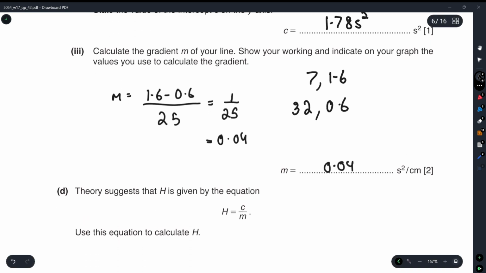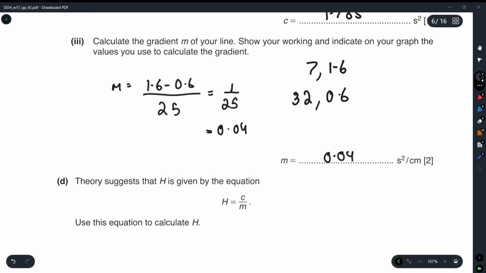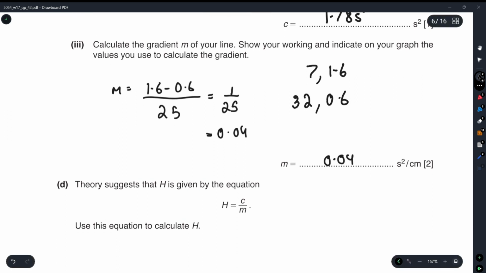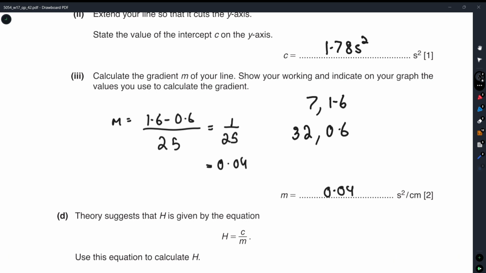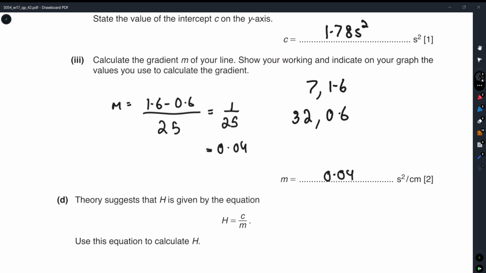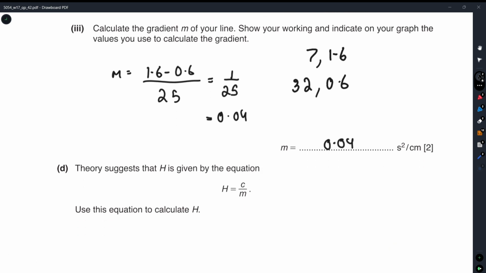1.78 divided by 0.04. So that's okay. So that's going to be 445 if I'm not wrong. 445. Yeah. Let's check once with the calculator. So 1.78 divided by 0.04.